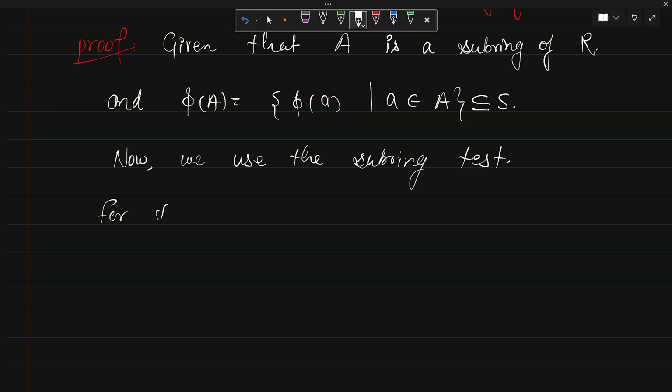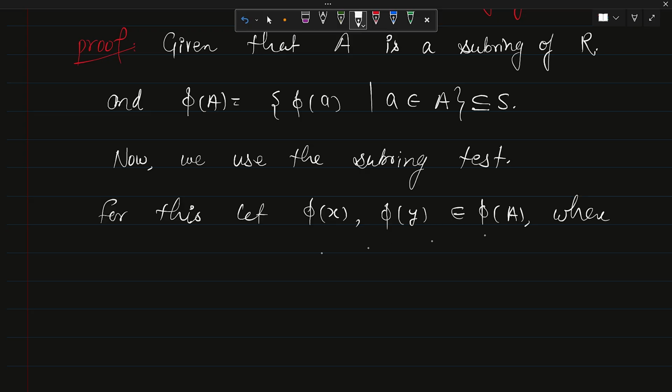For this, now we need to choose any element from this one, so we are writing that let phi of x and phi of y are from phi of A, where this x and y are elements of A, where A is a subring, right?